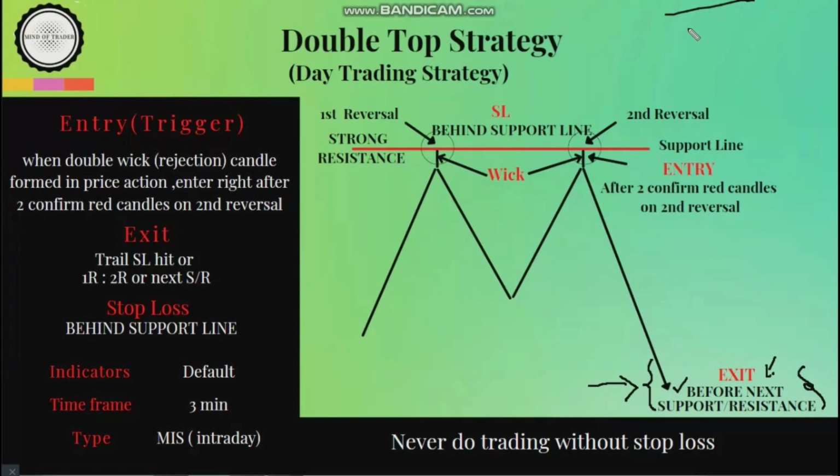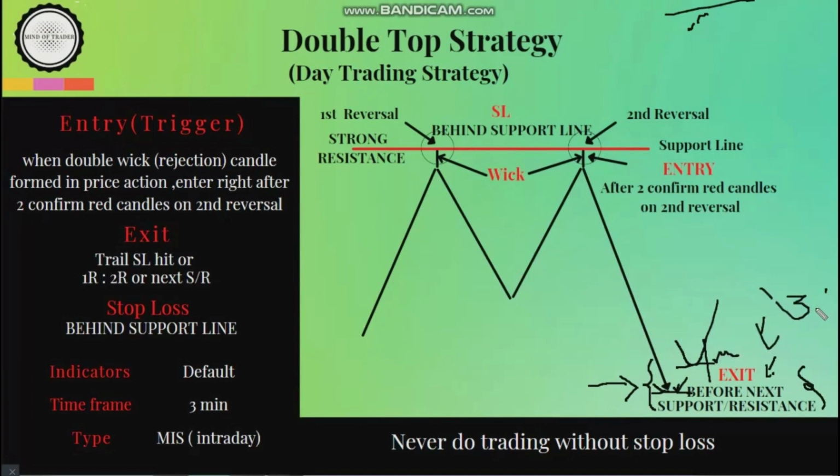And when the market is going up, resistance will come. So just before the sensitive line, when the market is going up, if some resistance comes, exit just before that. And when the market is coming down, just before the sensitive line, which is support, exit, because there is a possibility that the market might turn from here, break out, or go sideways.